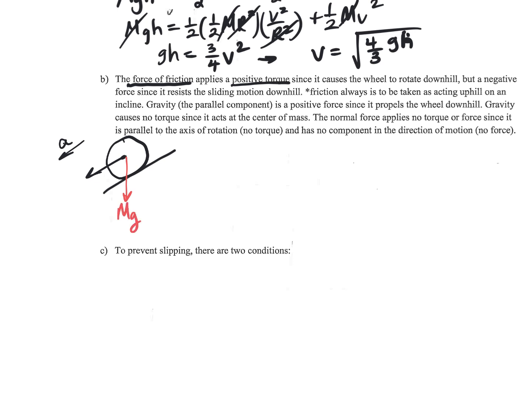You need to know where to put these forces, don't you? I'm going to get rid of this one right here because I know nothing's actually coming out of that. Now, we have friction. Friction is a contact force. This is the force of friction. And then what do we have? What's the other force here?